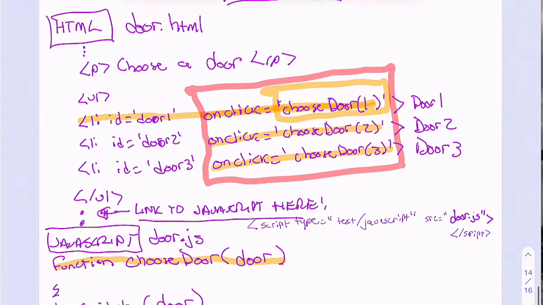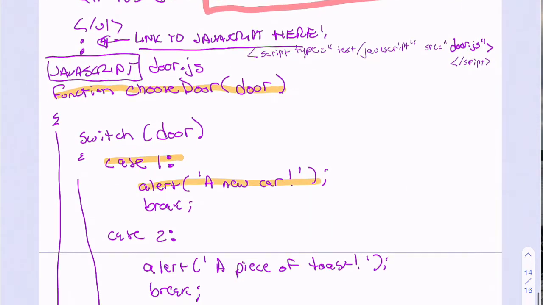So the key is we have to find a way of linking the door list elements with the JavaScript event handlers. All right, so let's take a look at how we can do that. So we're going to talk about how to register event handlers.